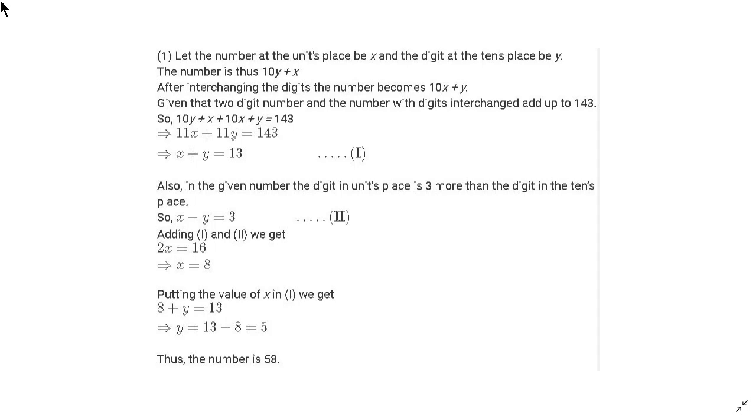There are two digits in the number, so we can assume the unit place is x and the digit at the tens place is y. So the number will be 10y plus x, because it is a tens place, we multiply it by 10.